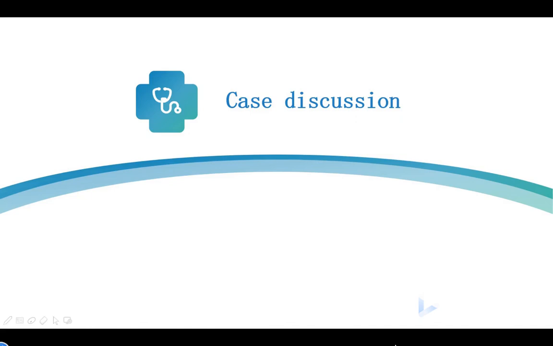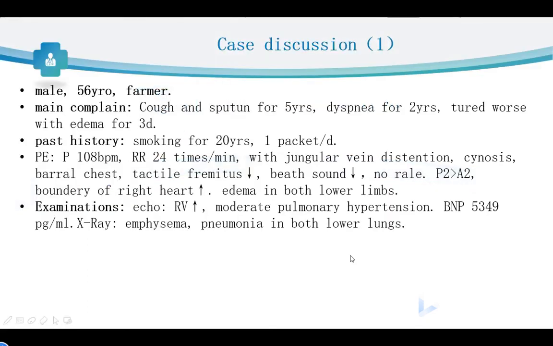That's all for this class today. And finally, let's look at some cases. The first case is a 56-year-old man, a farmer. His main complaint is cough and sputum for 5 years, dyspnea for 2 years, and worsening with edema for 3 days.